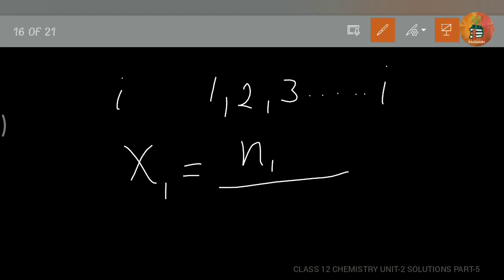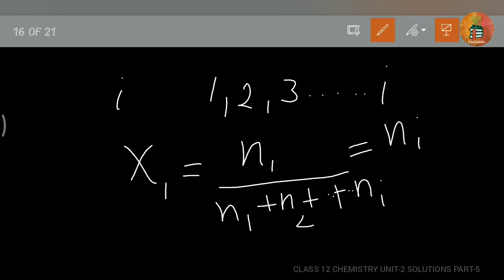How many components are there here? i number of components. So you have to add the moles of all these components, N1 plus N2, and so on up to Ni. That summation I can write as summation of Ni.